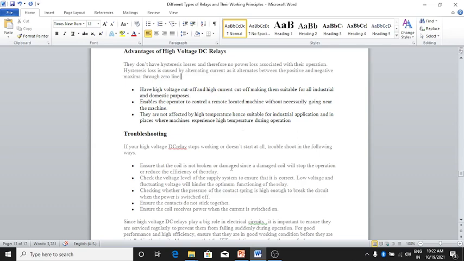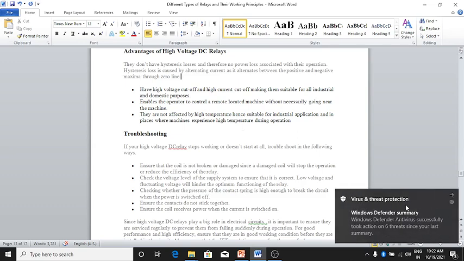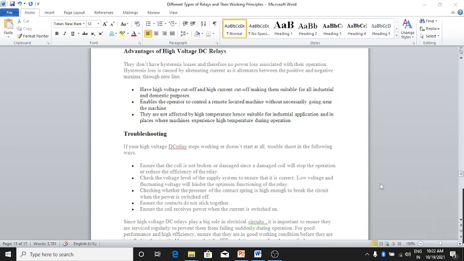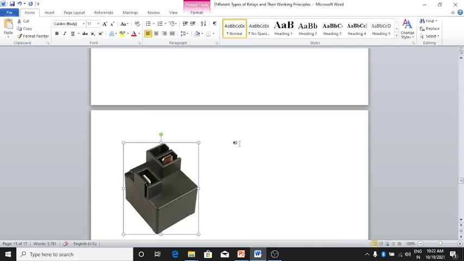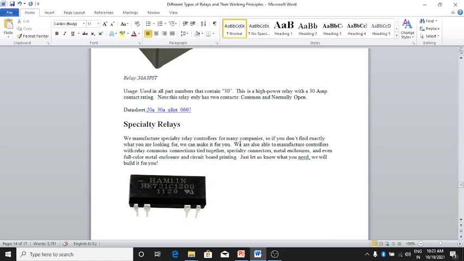They enable the operator to control remotely located machines without necessarily going near the machine. They are not affected by high temperature, hence suited for industrial applications and in places where machines experience high temperature.